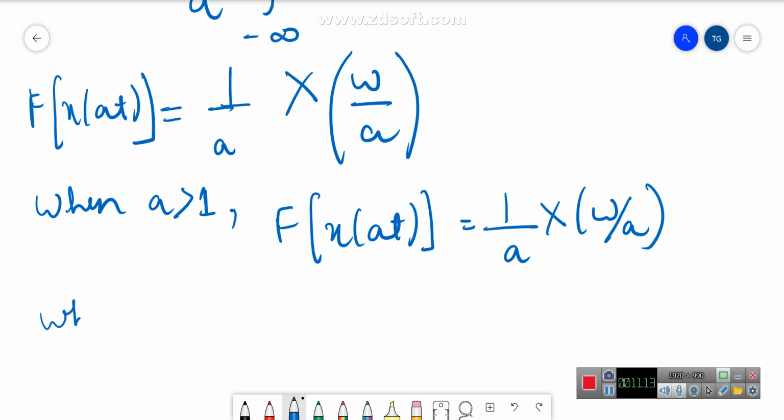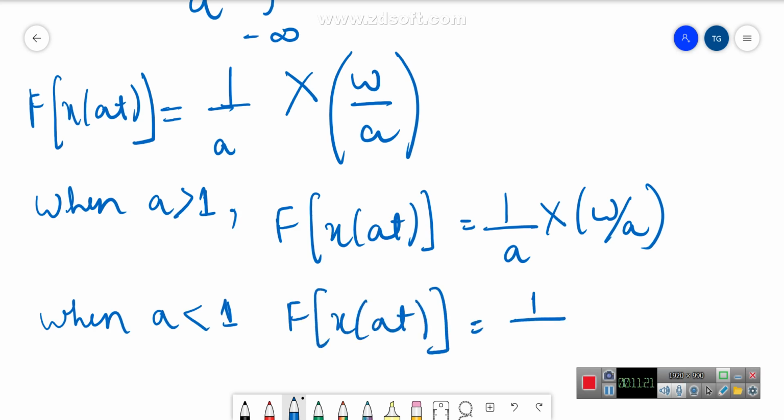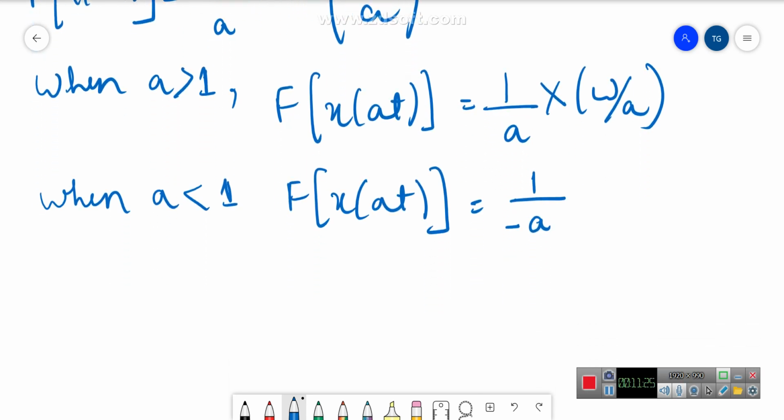But when my a is less than 1, it can be a negative value, and in this case the Fourier transform of x of at can be written as 1 by minus a, X of minus omega by a.